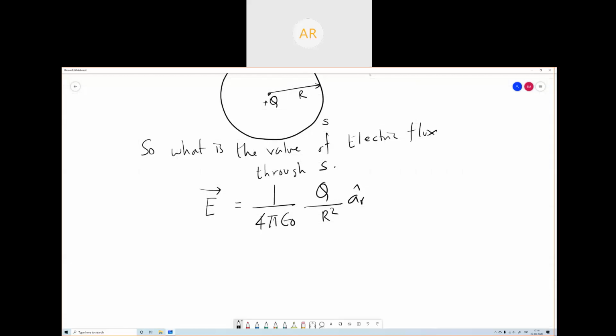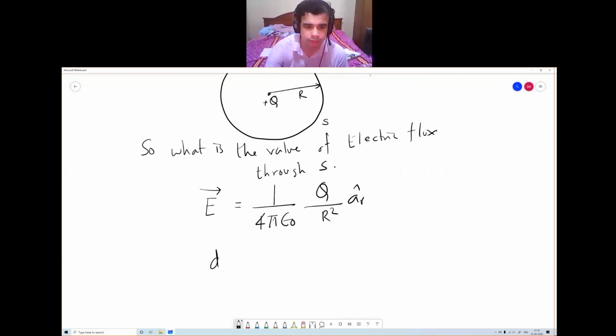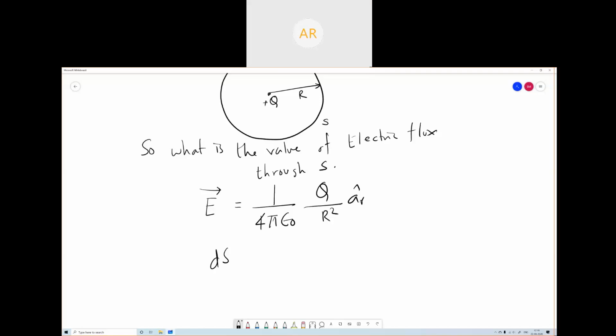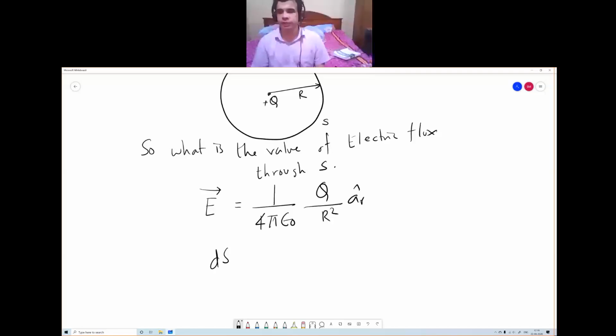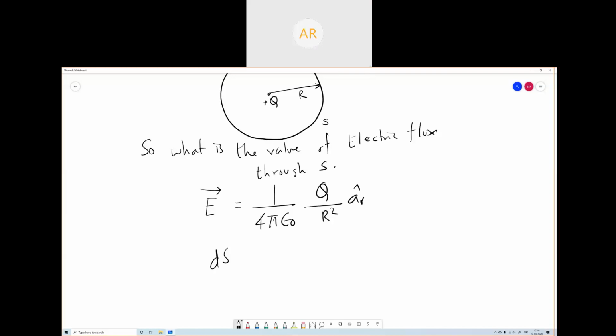What is ds? What will be the direction of N? Radially outward from the center. Yes, absolutely correct.